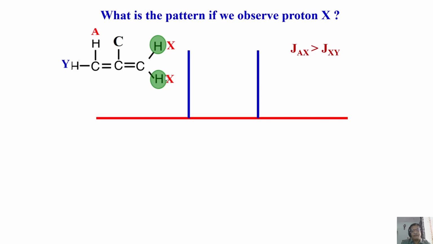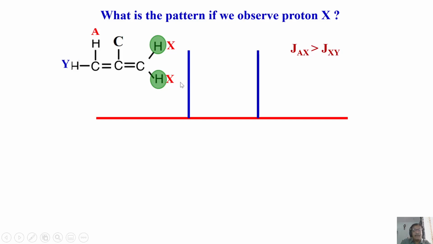Look at the multiplicity pattern. First, A splits the CH2 protons, this group, into a doublet, because this is the larger coupling AX.